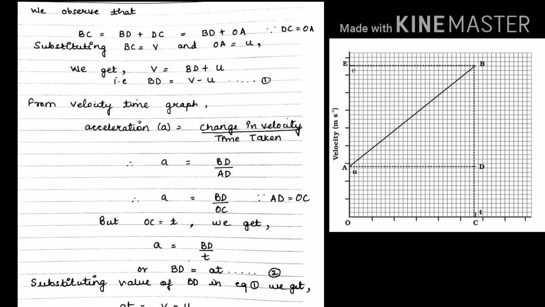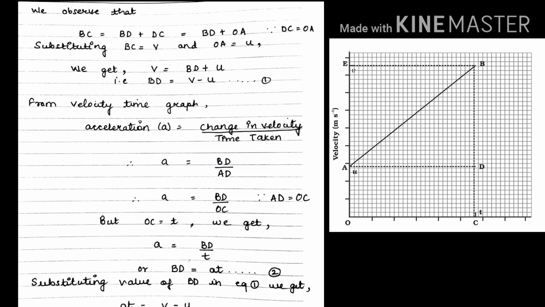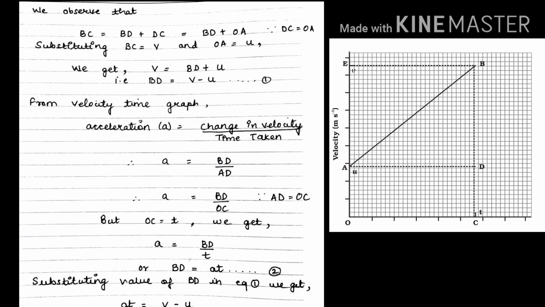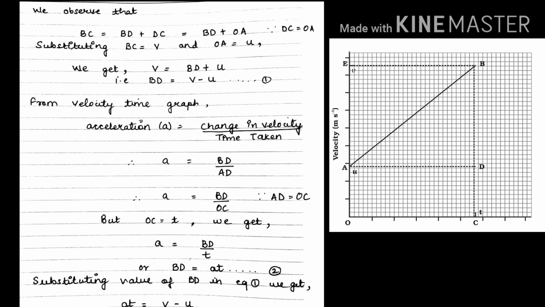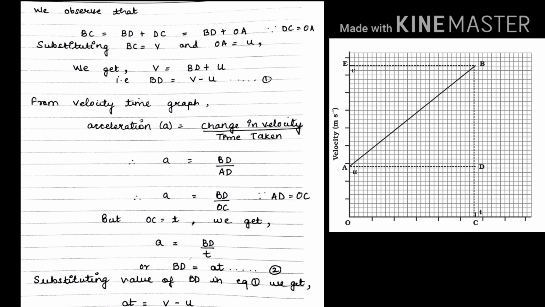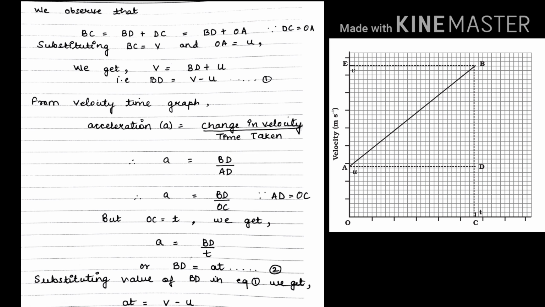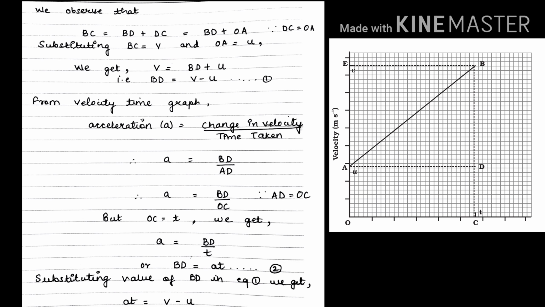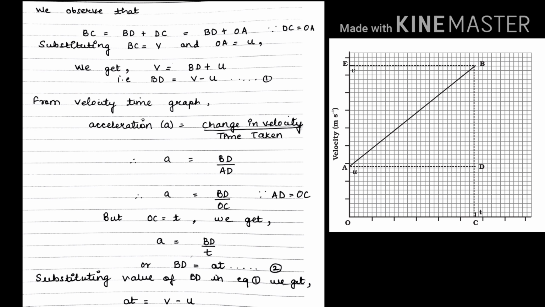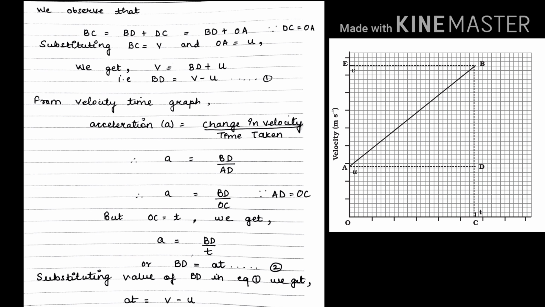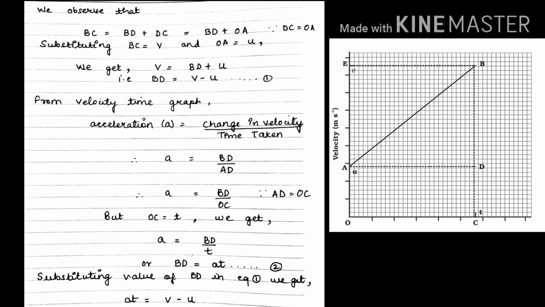As we all know, in a velocity time graph, the slope of the line gives what? Acceleration. And what is slope? Slope is nothing but change in y coordinate upon change in x coordinate. Here, BD is representing change in y coordinate and AD is representing change in x coordinate.